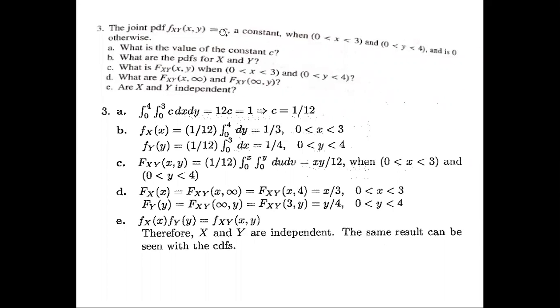First, it's a constant c between 0 to 3 for x and 0 to 4 for y. Naturally, there are two variables here, so the double integration of this between the limits 0 to 3 and 0 to 4 for x and y will be equal to 1.